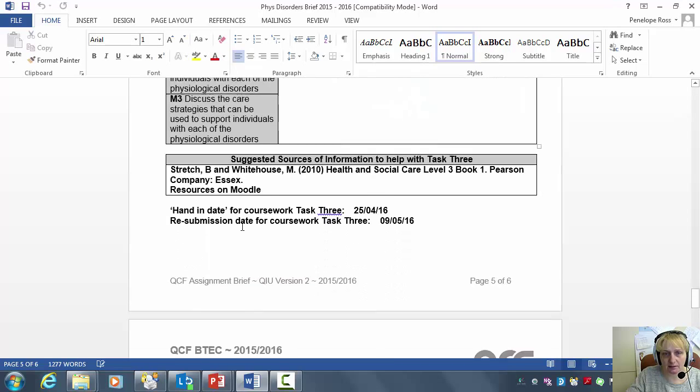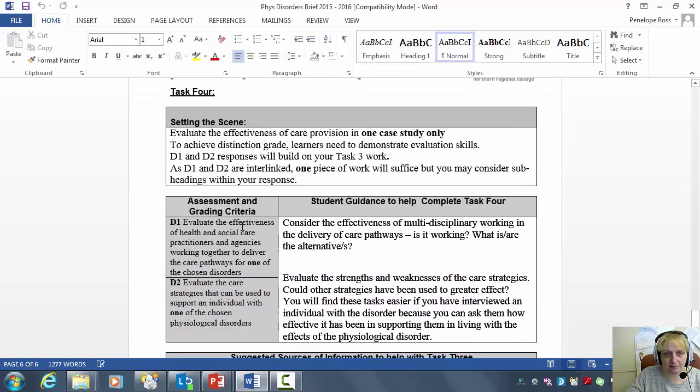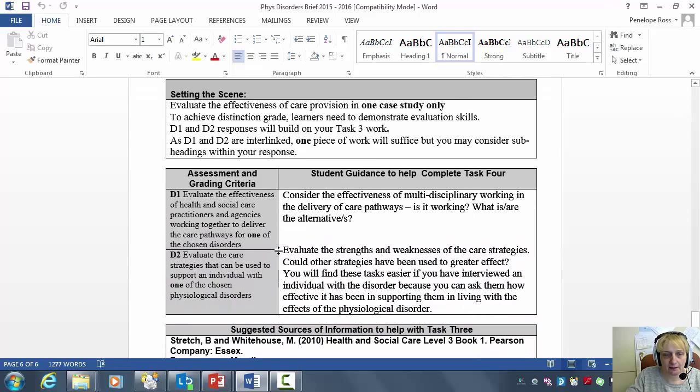So now we're going on to the distinction grades, and we'll get on to what they say in a minute, and I've got a little PowerPoint presentation to hopefully help us examine it a little bit closer. But the first thing you've got to note here is that both of the distinction grades ask you to write about one case study only.